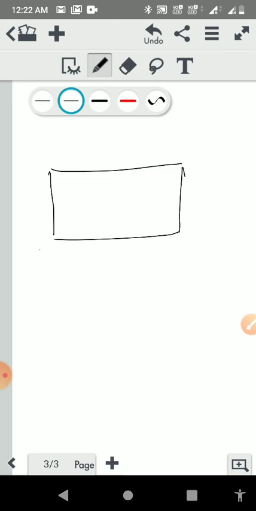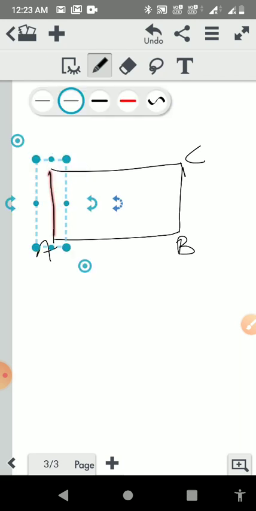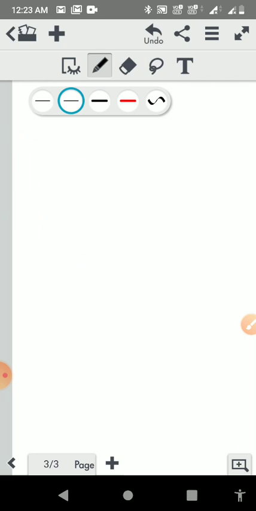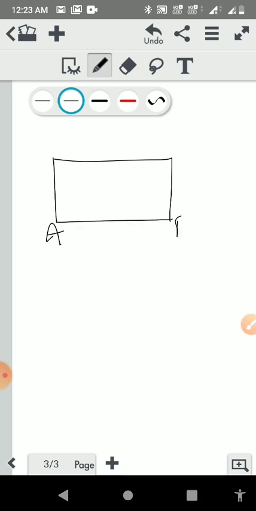I will name it point A, this is point B, this is point C, and this is point D. Sorry, I will redraw it. This is A, B, C and D, and we have to prove that this rectangle is a cyclic quadrilateral.